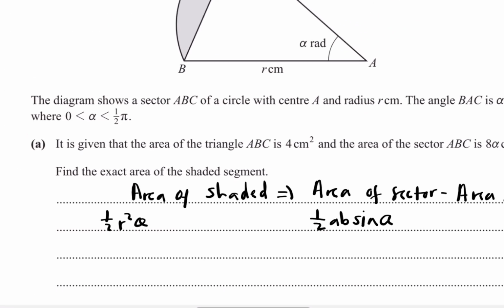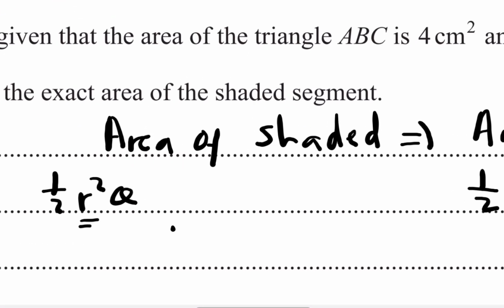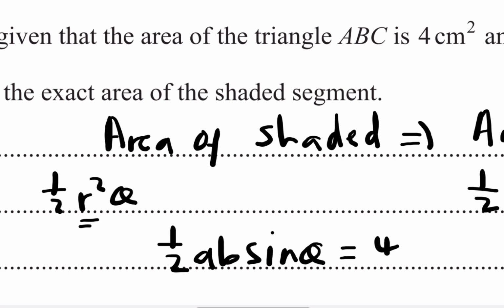But if we look at our equation, you see that our theta is alpha and we don't have a value for r. So we're going to try and make equations to find r and theta, then use this expression to find the exact area of the shaded segment, right? And we're told that the area of triangle ABC is 4 square centimeters, so we can safely say half AB sine theta equals 4.